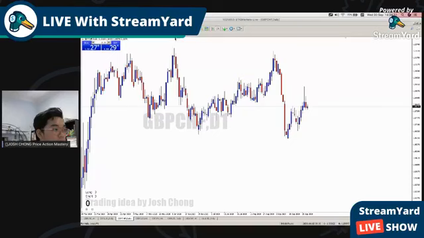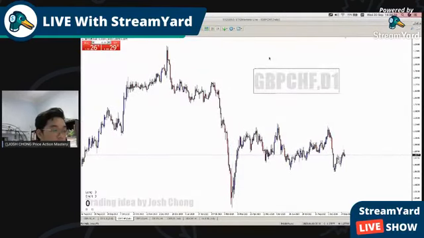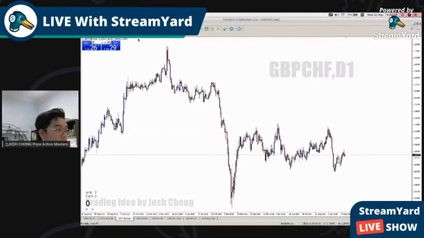Next will be GBP CHF. In the bigger trend, of course, it's still making lower lows and lower highs, and then lower lows. So the entire thing is still in a downtrend.